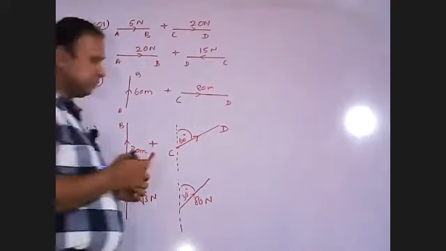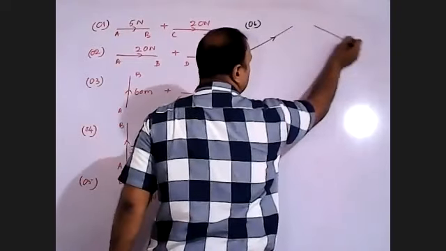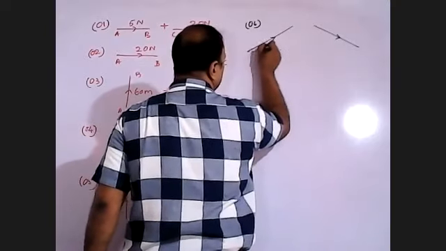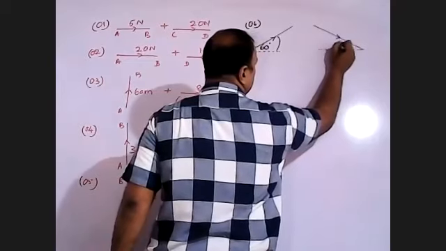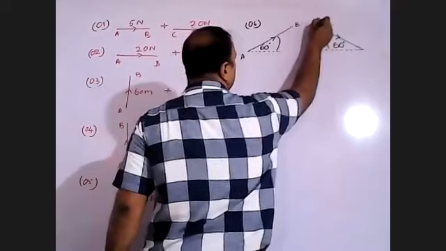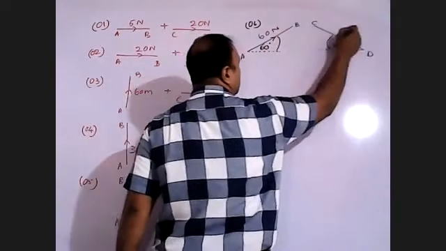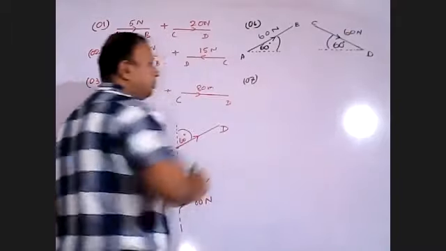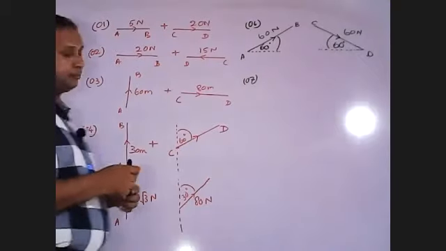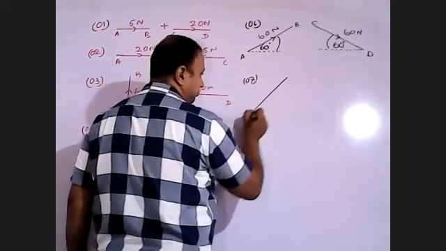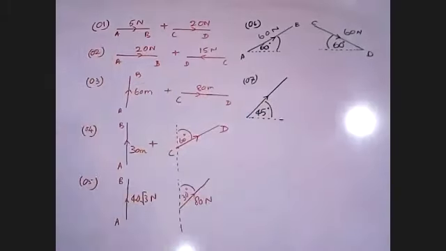Sixth one: ABCD 60 Newton each. One pound. 45 degree. 40 Newton.